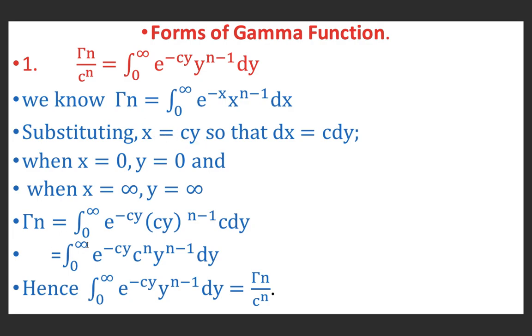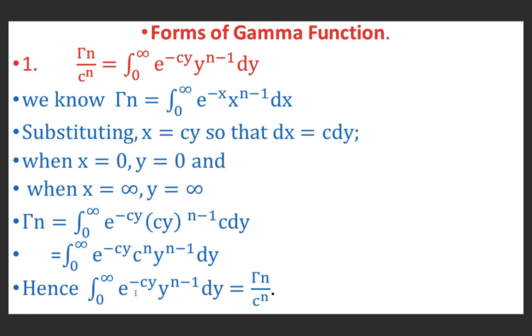Therefore, gamma n is equal to integral from 0 to infinity e raised to power minus cy, then x becomes cy raised to power n minus 1, and dx is c dy. Here it is c raised to power n minus 1, and here we have one more c. So, c raised to power n minus 1 into c is c raised to power n. And this is y raised to power n minus 1 dy.